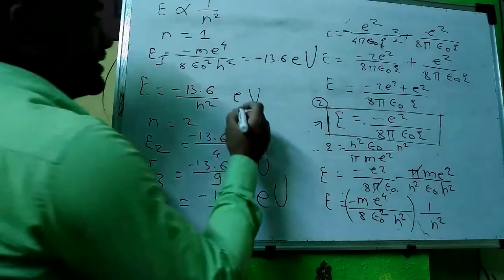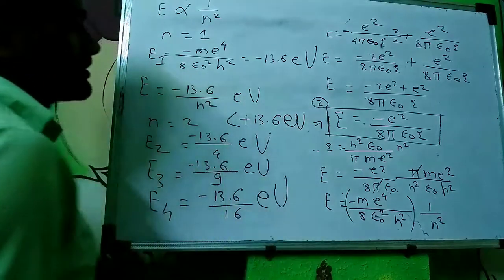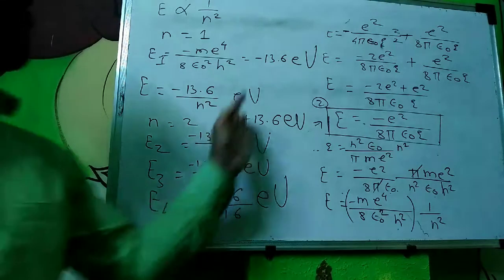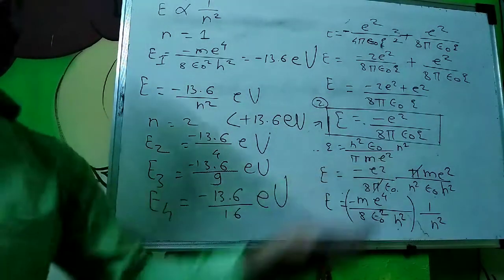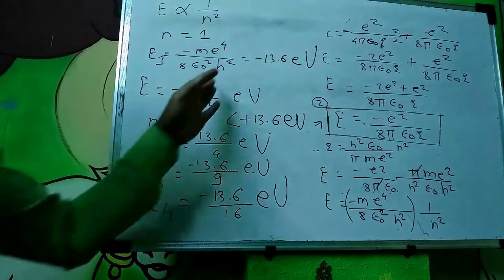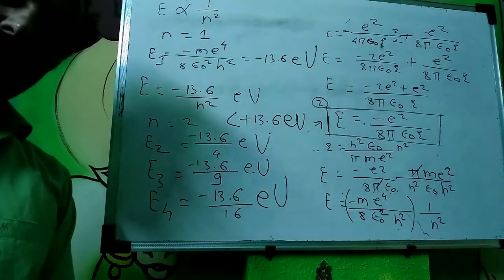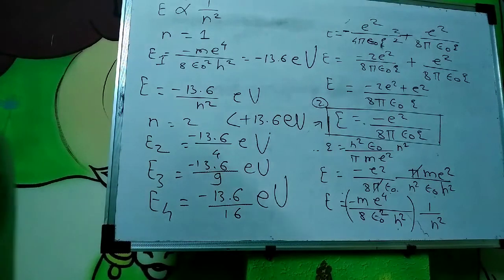If we apply at least 13.6 electron volt or greater, then only we can remove the electron from the first orbit. This is applicable for the other orbits also. So this is the expression which gives the binding energy. The negative sign indicates that the electrons are bound to the nucleus. Otherwise this is called binding energy or ionization energy.